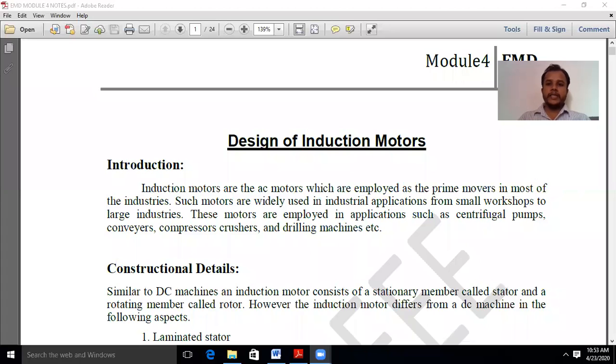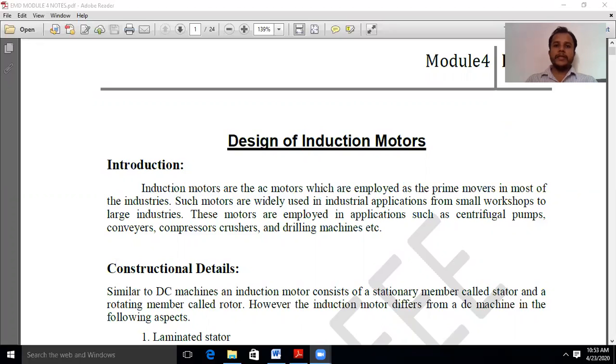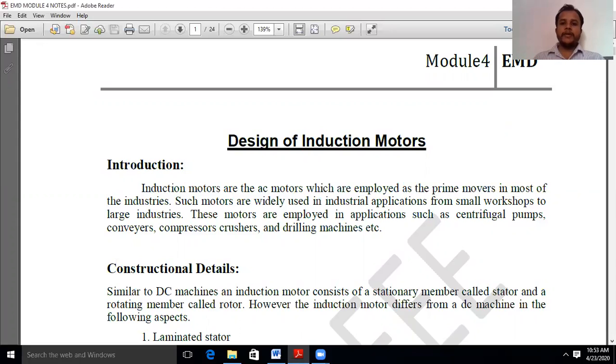In today's lecture, I'm going to share some documents. We will see the introduction of this induction motor, the construction, and then various parameters. So here it is, the design of induction motor.